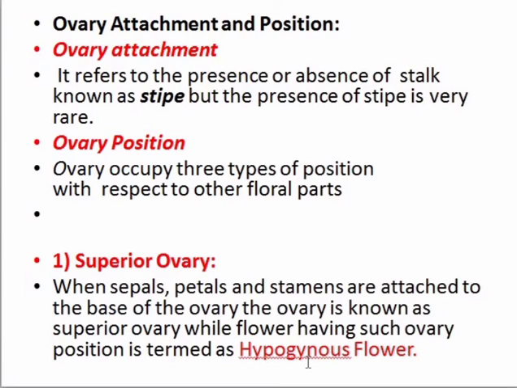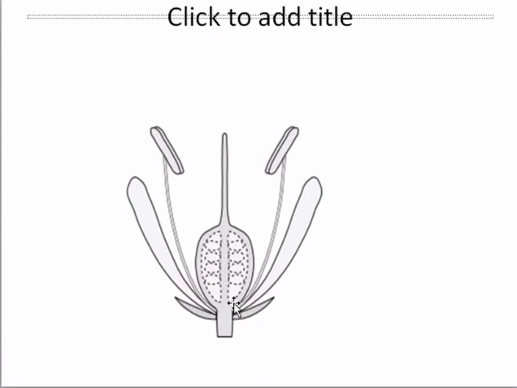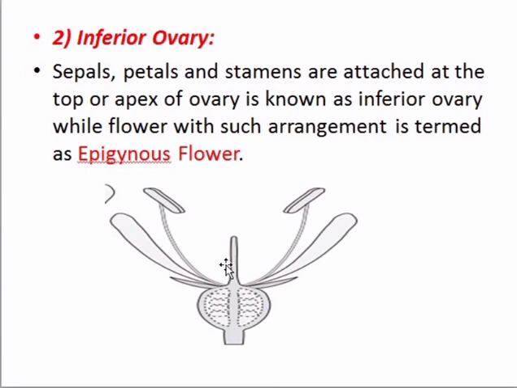So such flowers are known as hypogynous flower, flowers in which other floral parts arise below or from the base of the gynoecium. If the rest of the floral parts arise from the base of the ovary, it means that the ovary is superior. That's very simple. Look at the structure. This is the base. The sepals, petals, and stamens arise from this base, and the ovary is superior. It means above the other floral parts.